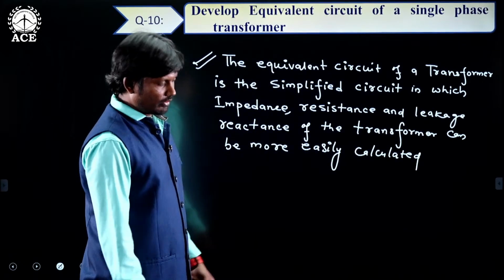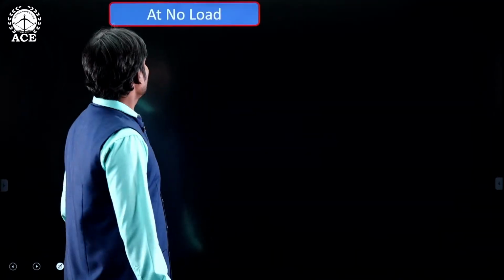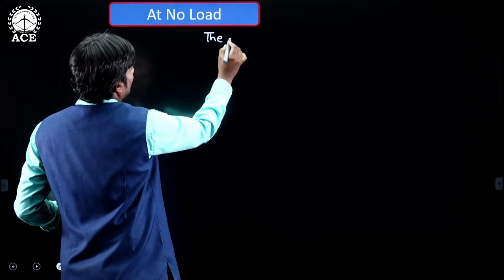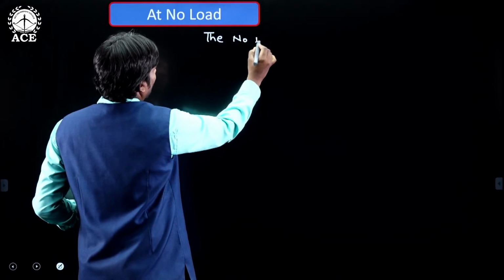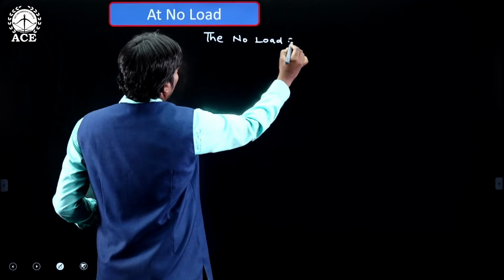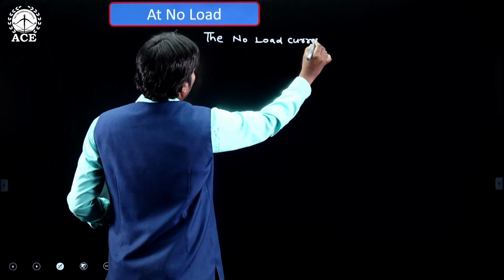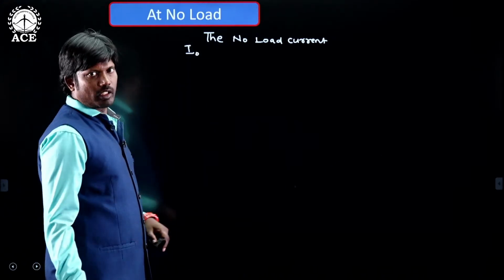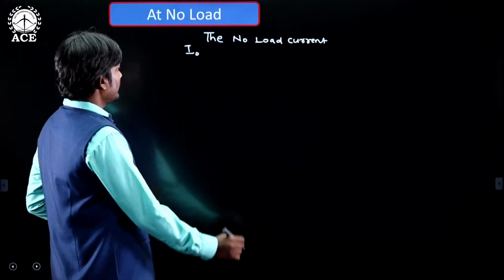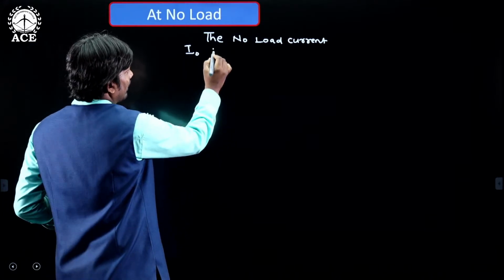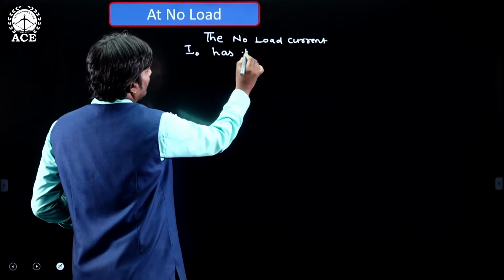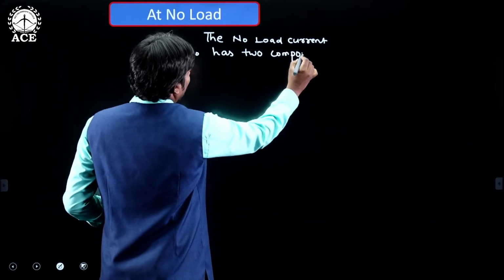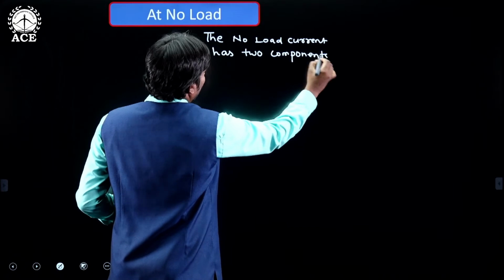Equivalent circuit of a transformer. At no load, the no load current I naught has two components.